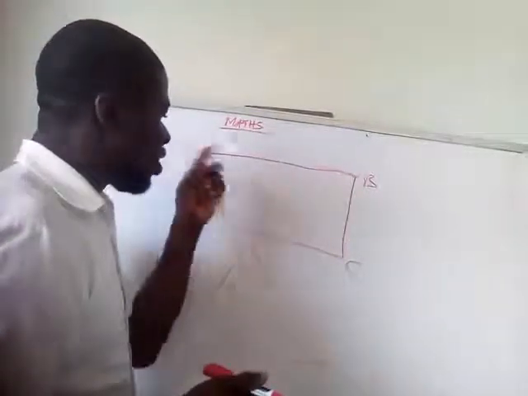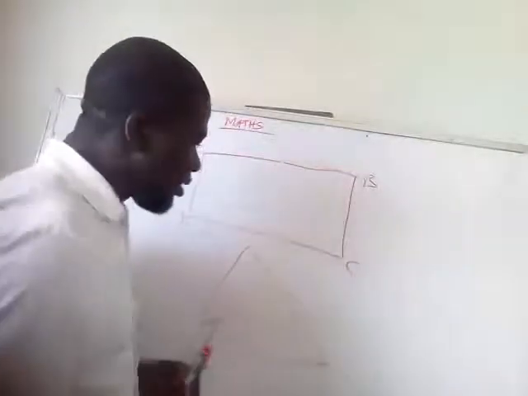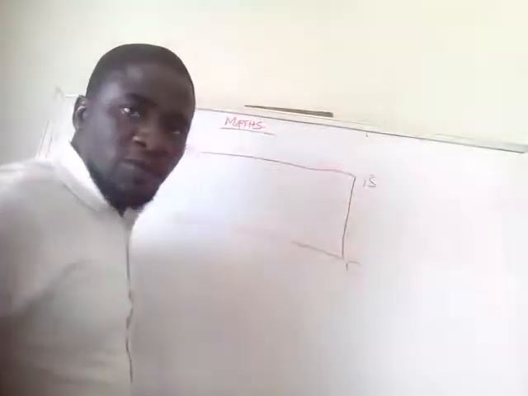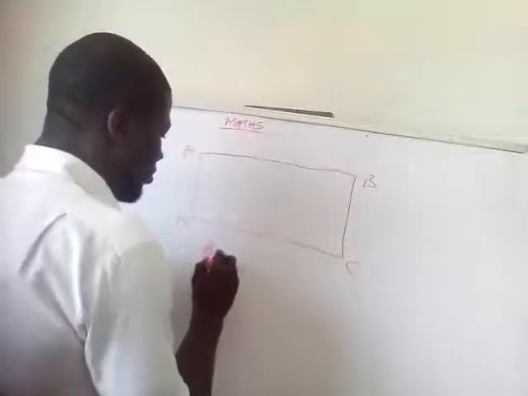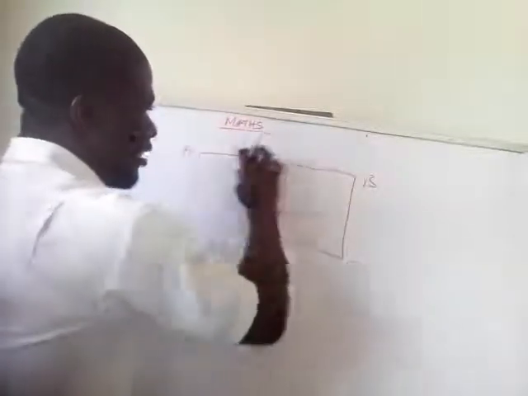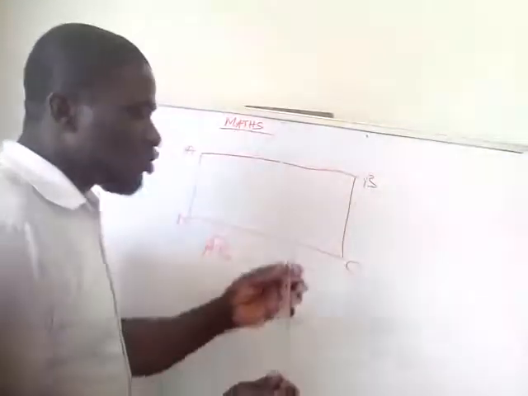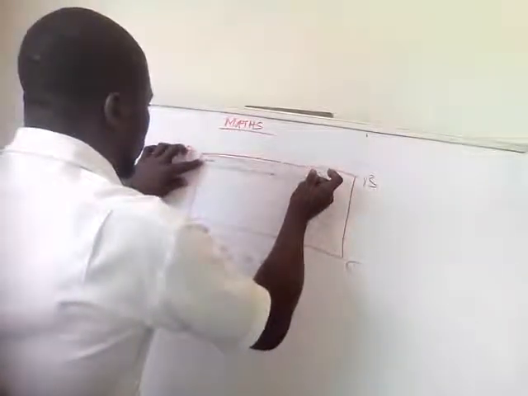So we first of all measure our AB. If we are to measure our AB, let me clean this triangle. I will draw it back. If we measure AB, line AB will give us, that's this line. If you measure it, like I told you, put the 0 at the beginning of the line.